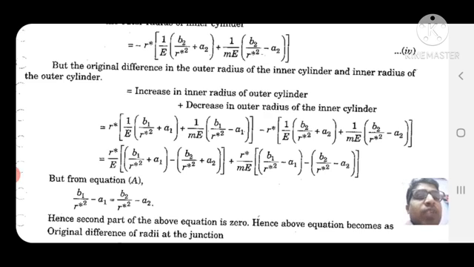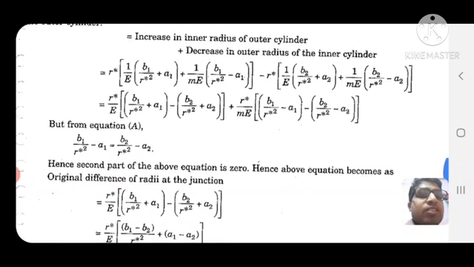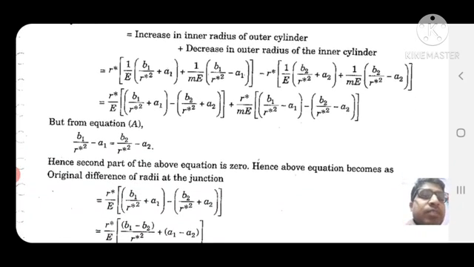So that is equal to r star [1 by E (b1 by r star square plus a1) plus 1 by m (b1 by r star square minus a1)] minus r star [1 by E (b2 by r star square plus a2) plus 1 by m (b2 by r star square minus a2)].